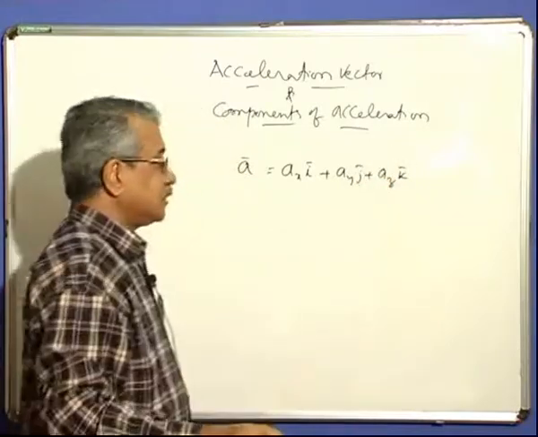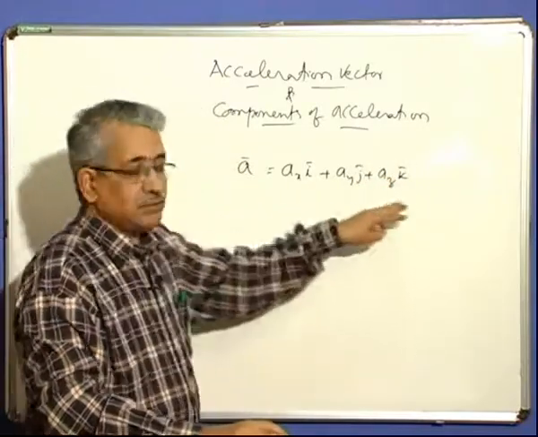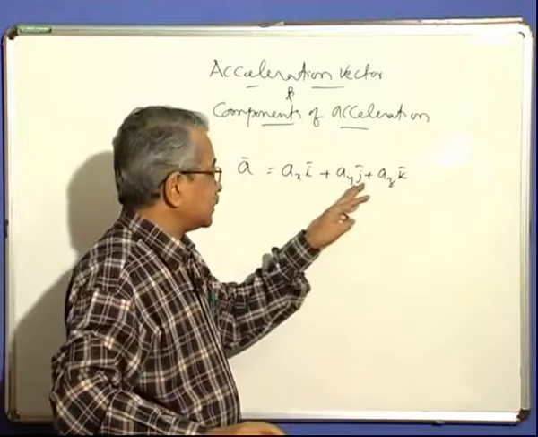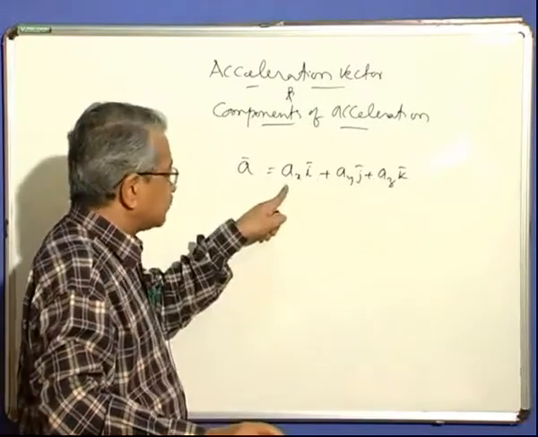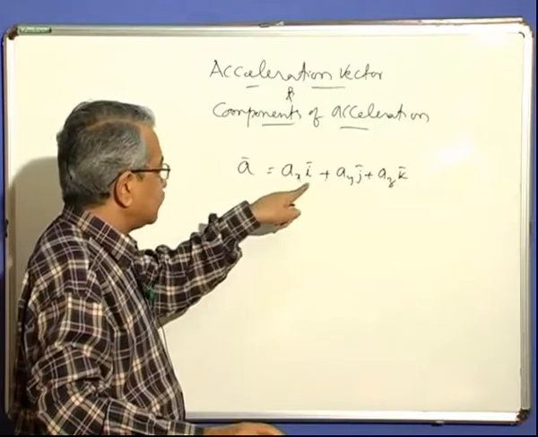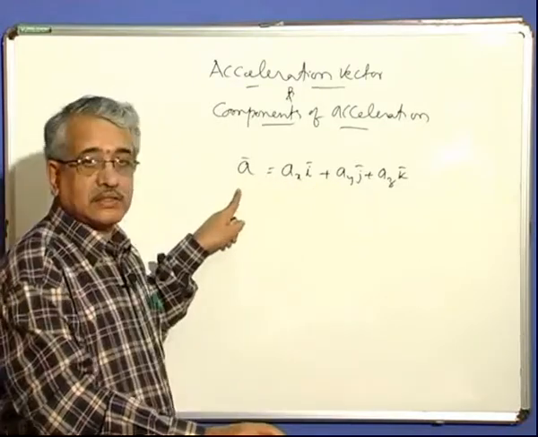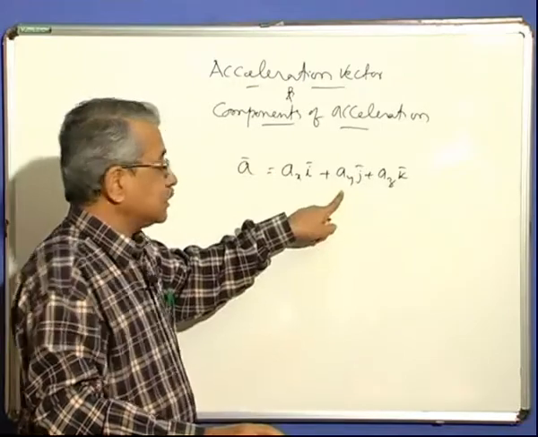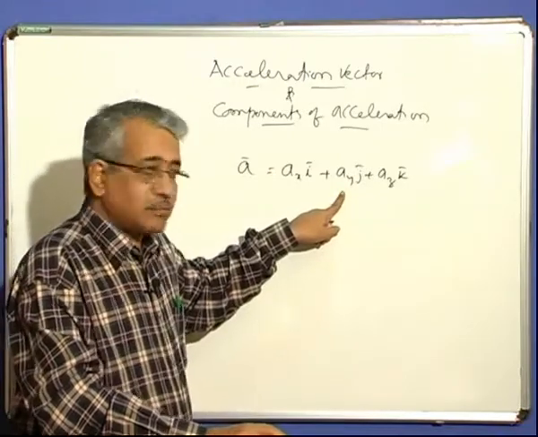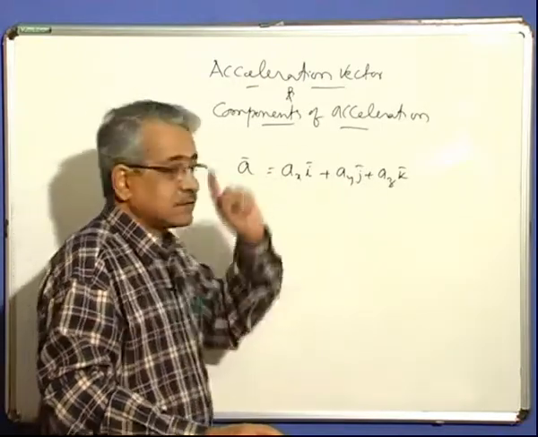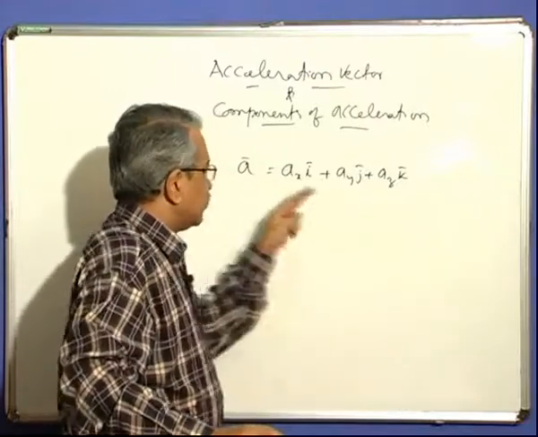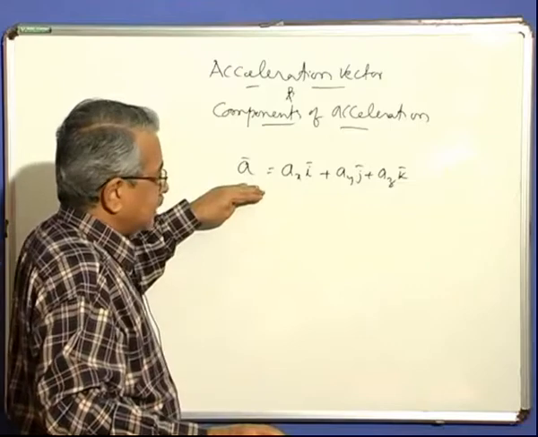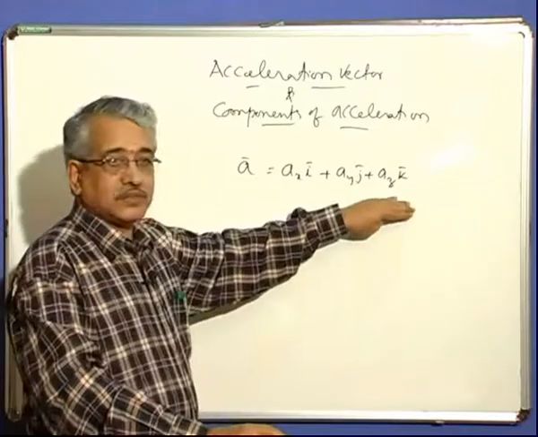What does this mean? i, j, k are the unit vectors along the x, y, z directions. Therefore, ax becomes the x component, or i component, of the acceleration vector. Similarly, this is the j component of the acceleration vector, and that is the k component there. So we can represent the vector a in terms of its components like this.